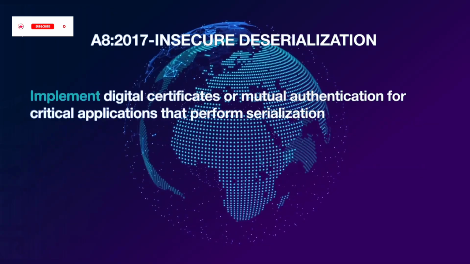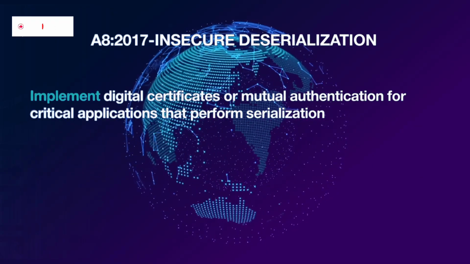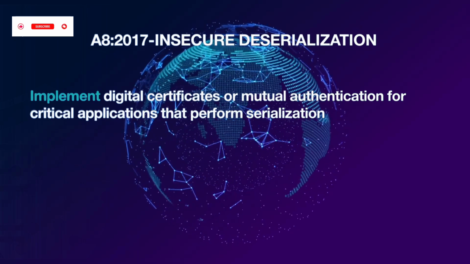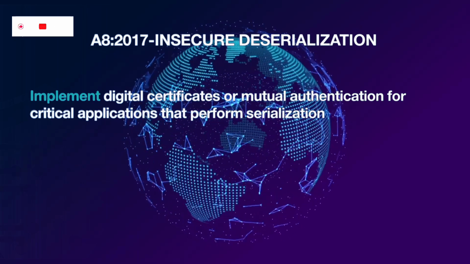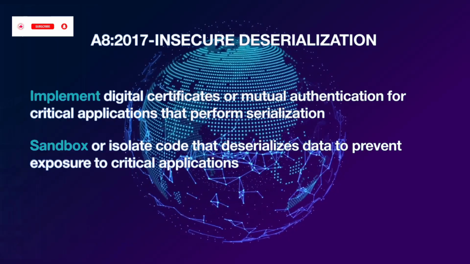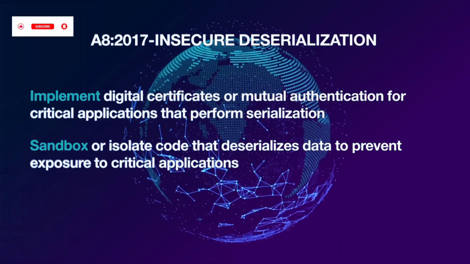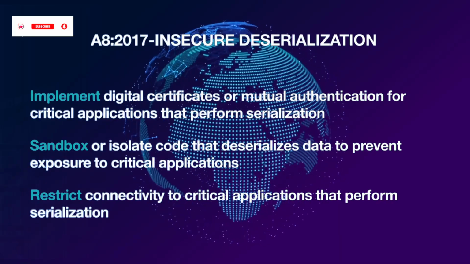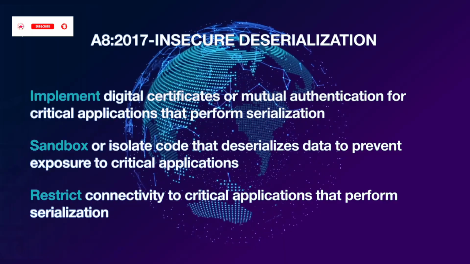For this particular risk, we want to implement digital certificates or mutual authentication for critical applications that perform serialization. We also want to sandbox or isolate the code that deserializes to prevent exposure of the critical application. And we also want to restrict connectivity to critical applications that perform serialization.